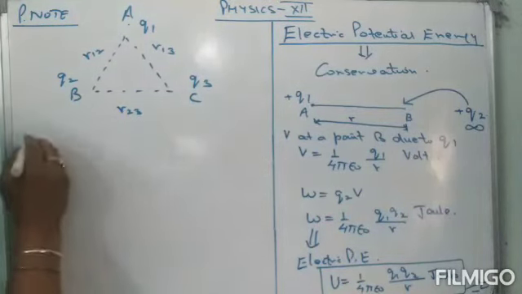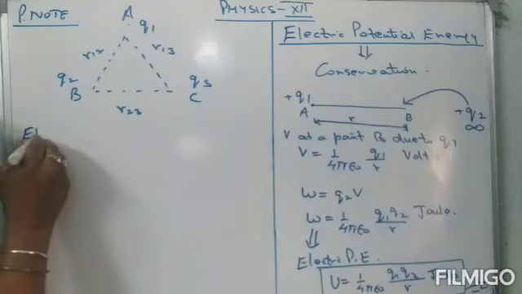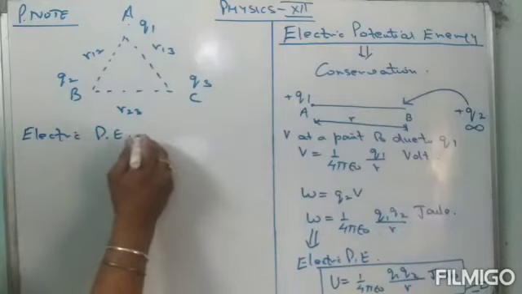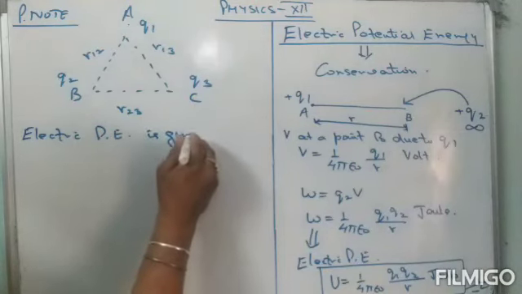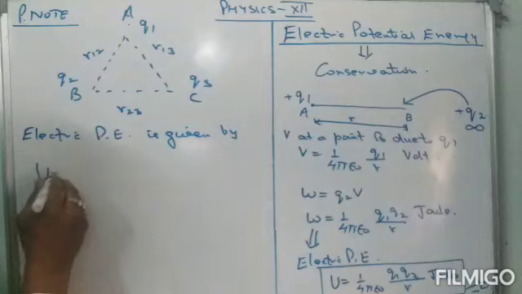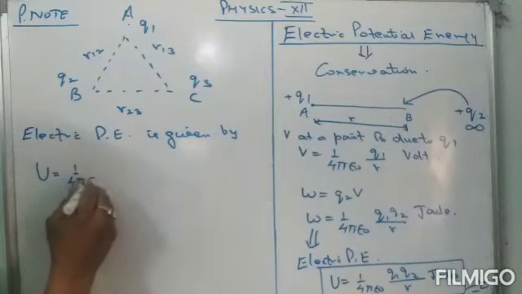So the electric potential energy is given by, capital U is equal to 1 upon 4 pi epsilon naught.